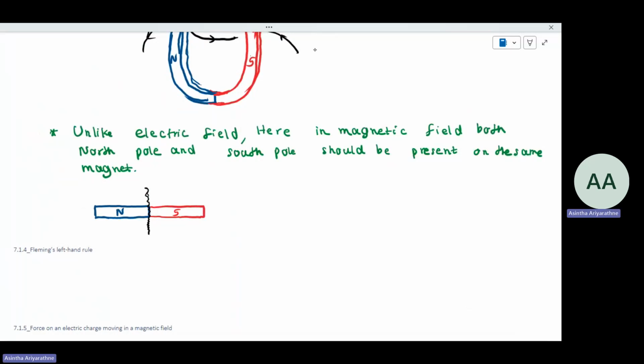No. The left side would again be a magnet, consisting of both north pole and south pole, and the right side again would be a magnet.